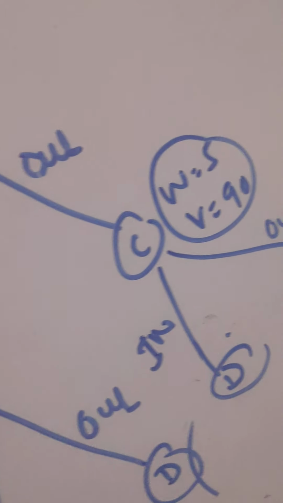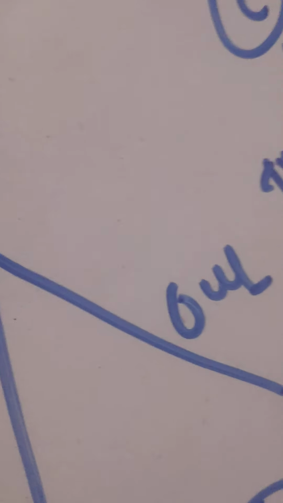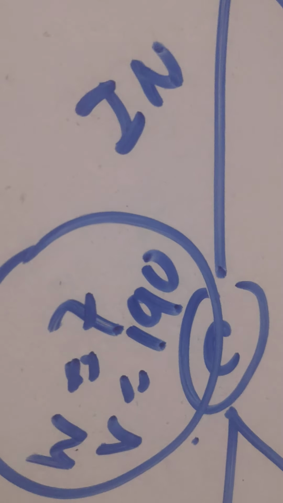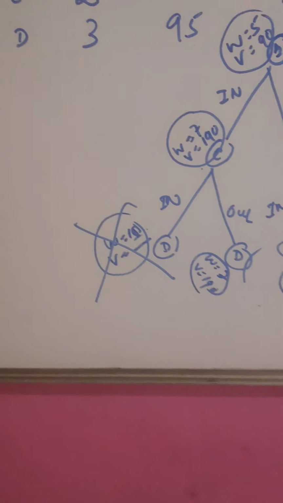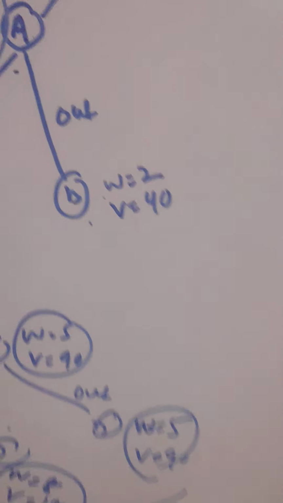In D and out D. So here weight was 5, now D is included, so weight becomes 8 and value becomes 90 plus 95, which is 185. Out D, W is equal to 5 and V is equal to 90. So I have calculated only these portions of the tree. The remaining portions still need to be explored.